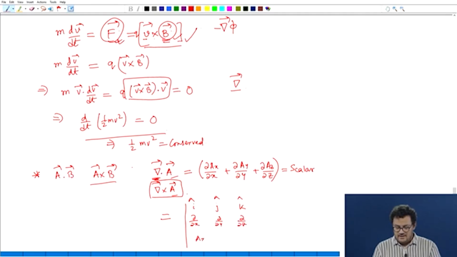Then you will have ax, ay and az. So, if you do that, what will be the ith component? The ith component will be del az del y minus del ay del z.